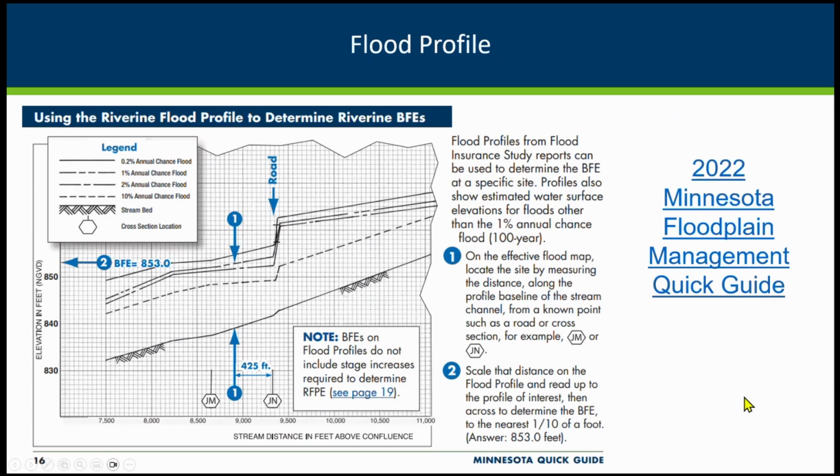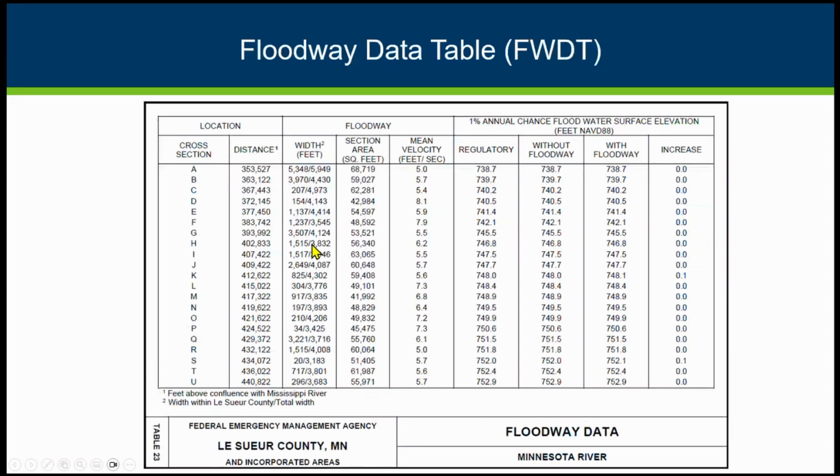The other part that's in that flood insurance study are the flood profiles. And those flood profiles will show the river bottom. It'll show the 10-year, the 50-year, the 100-year, and the 500-year information. So again, this floodway data table is focused on the 1%, the 100-year flood elevation, and gives that data.